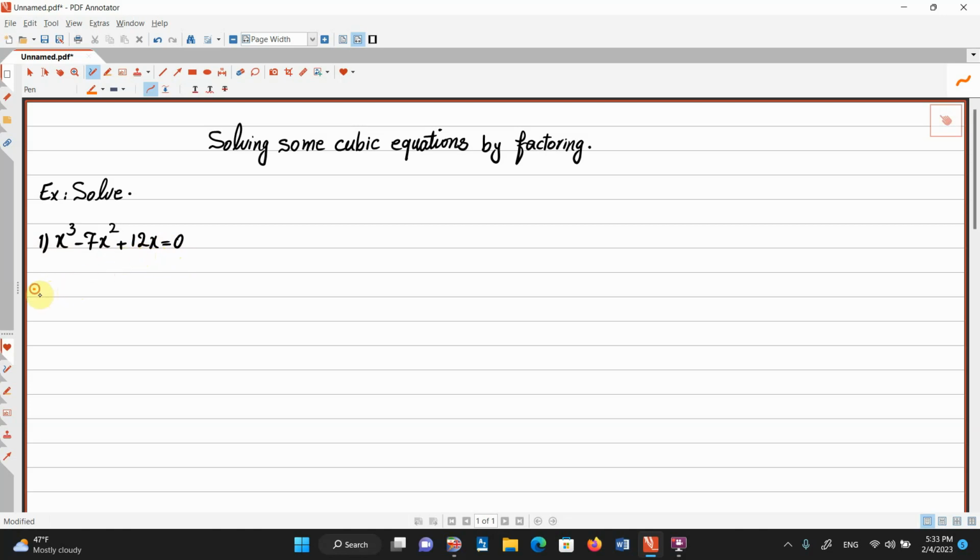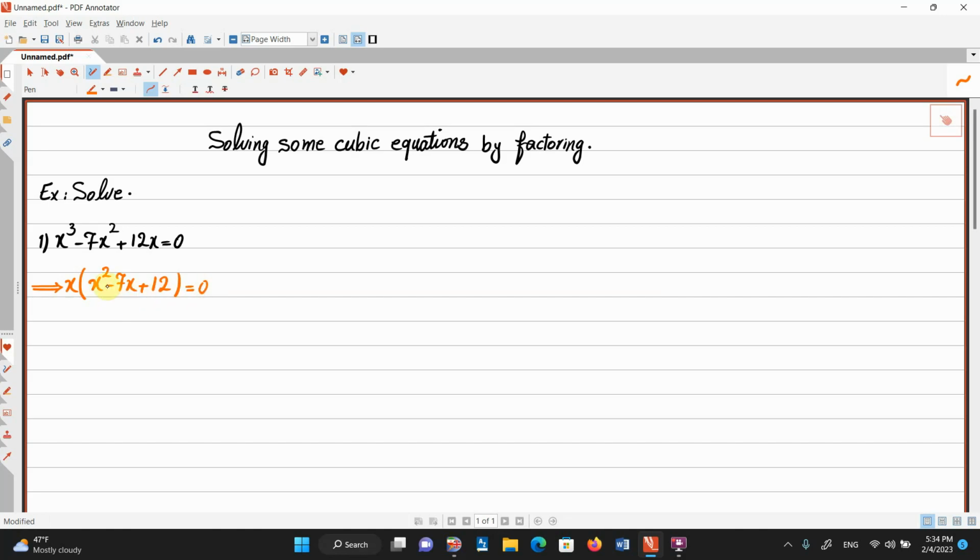first of all, it is better to factor out x. If we factor out x in this equation, we will have x times x squared minus 7x plus 12 equals 0.